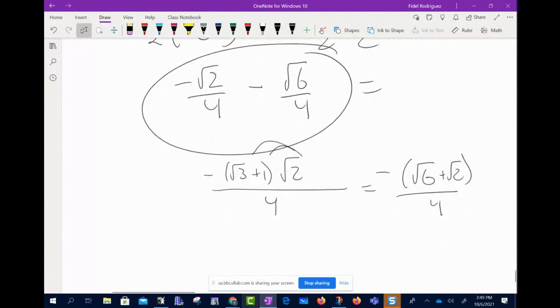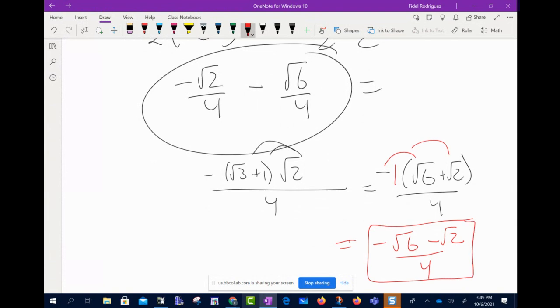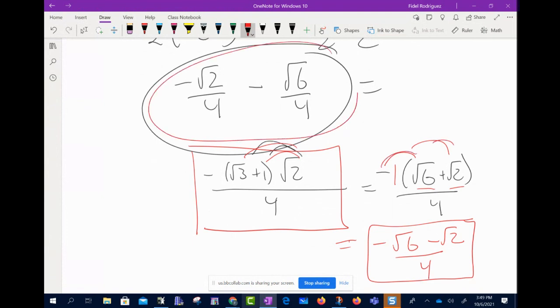And then if we distributed that, wouldn't that give me exactly how John's calculator wrote it, right? The first thing I did is I said, let's distribute that square root of 2. So we get square root of 6 plus square root of 2. And then let's distribute the negative, and we get the same thing that we had up here, right?